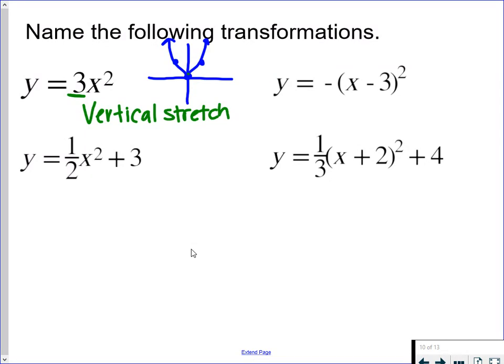And look what would happen. This, of course, still stays at 0, but if this is at 1, this is now up at 3. So it's stretching it vertically, and it becomes more narrow, okay? A vertical compression is meaning it's making it wider, okay? It's compressing it down, all right? So that's the difference between those two.